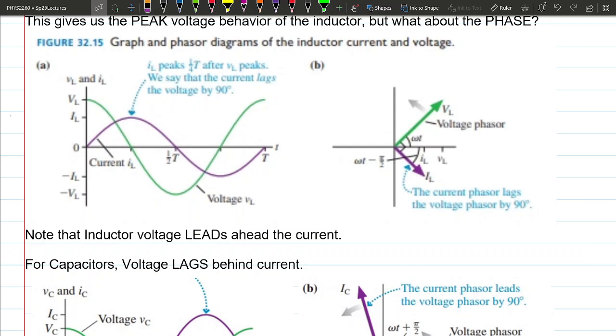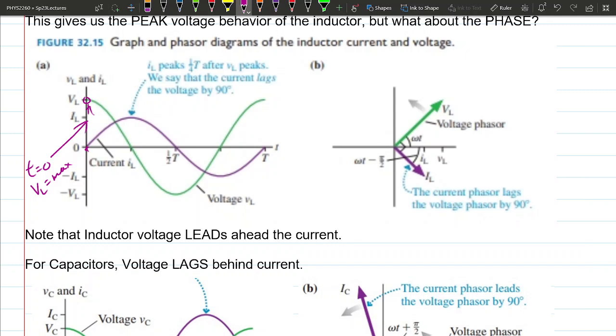But the way you should interpret this graph is that at t equals 0, you get the maximum voltage, so V_L is max. But at t equals 0, your current is actually 0. So you should think about this by looking at it vertically as opposed to horizontally, because that always confuses students and they get this stuff backward.